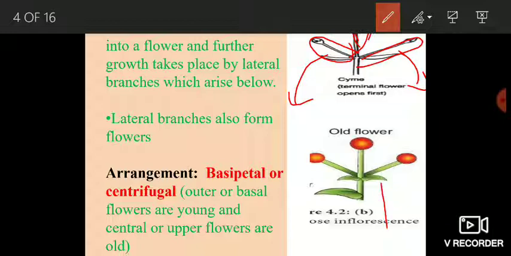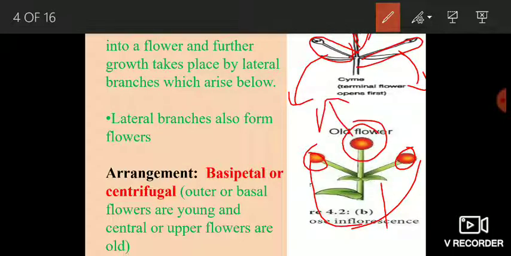Here you can see these are the basal flowers, they are young, and this terminal flower or upper flower is old. This is what basipetal or centrifugal arrangement means.